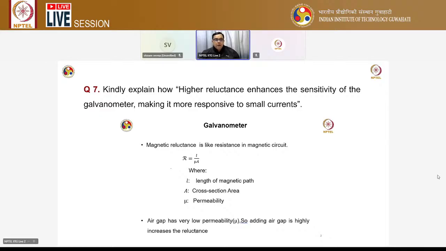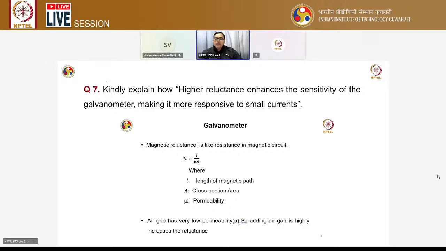Then one more question was: kindly explain how higher reluctance enhances the sensitivity of the galvanometer, making it more responsive to small currents.